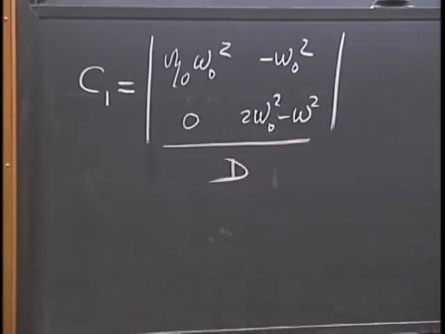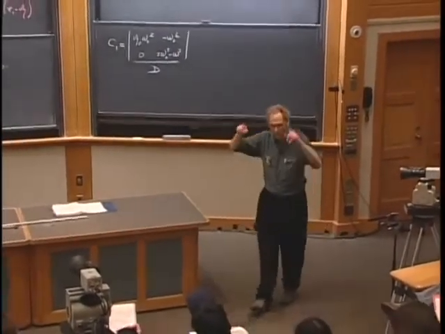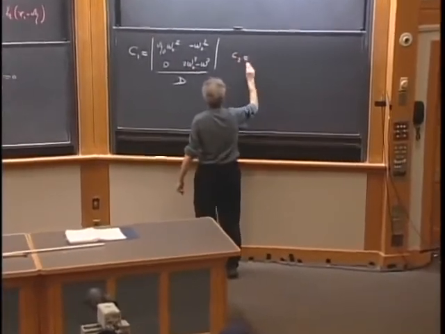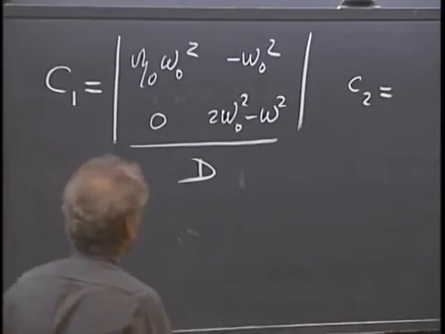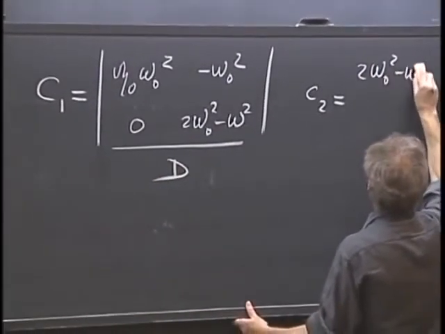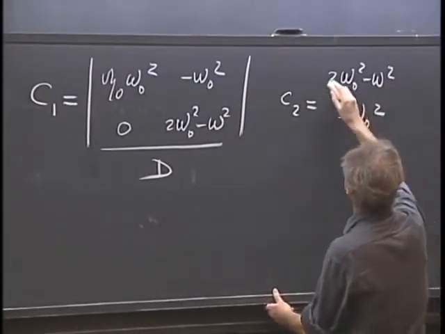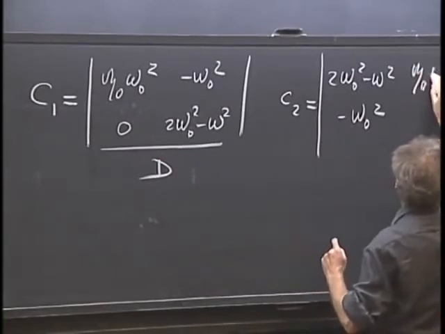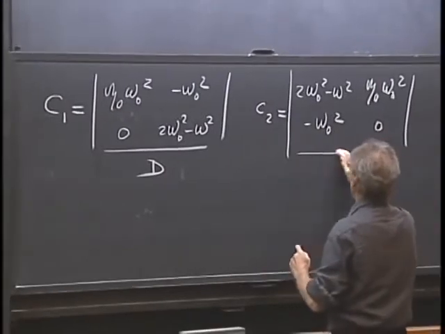If I pick a random value for omega, d is not 0. D is only 0 at those 2 resonance frequencies. And then C2 becomes, so the first column is like this: 2 omega 0 squared minus omega squared, minus omega 0 squared. And now the second column becomes eta 0 omega 0 squared and a 0, divided by d.